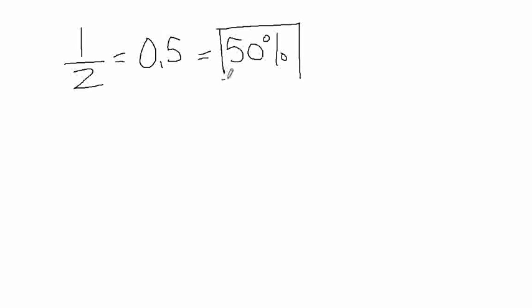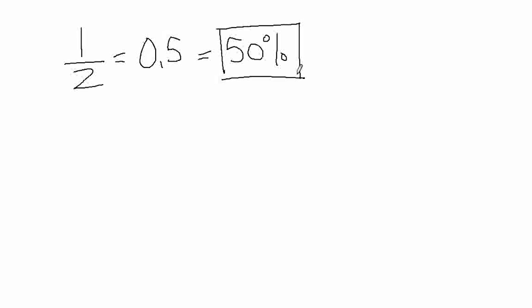So you can do the long division. You can divide 2 into 1 and get 0.5. And once you have a decimal, then remember that to convert a decimal to a percent, we move the decimal point 2 hops to the right. So that gives us 50%. All right?